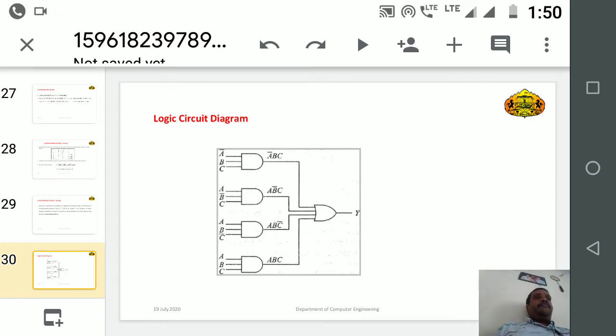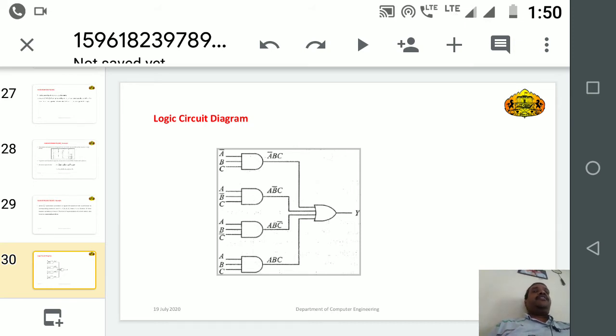Okay. In the previous example we saw that only for four inputs you get the output. So for which inputs do you get the output? For the condition 3, observe the first AND gate. What are the inputs for this first AND gate? A bar, b, c. A bar is nothing but 0, b is 1, c is 1.